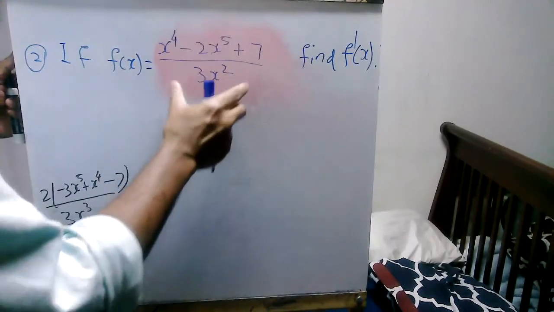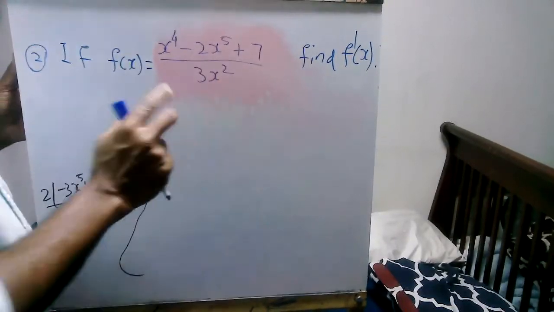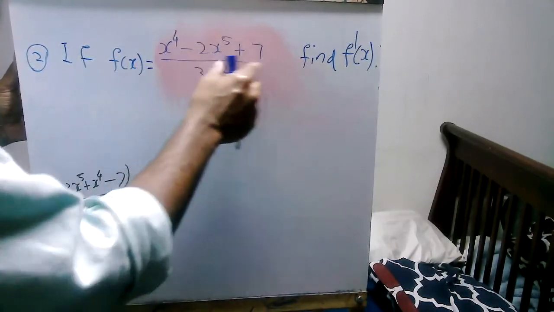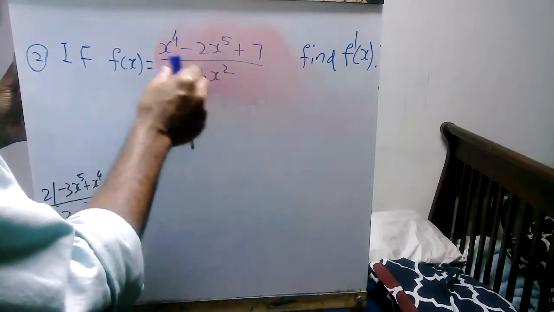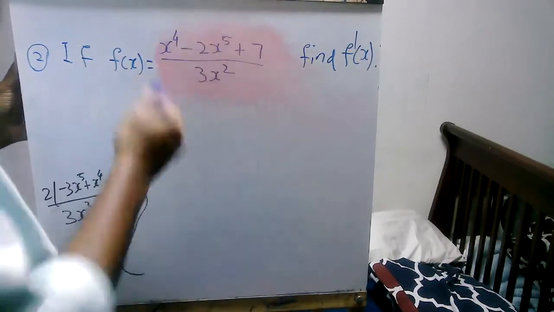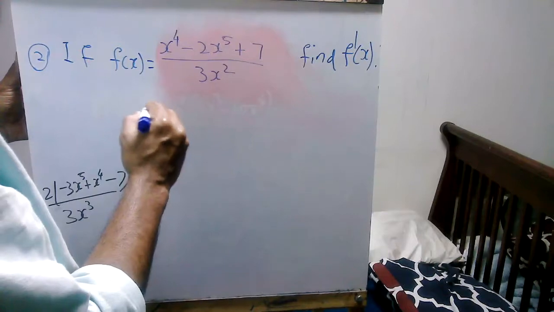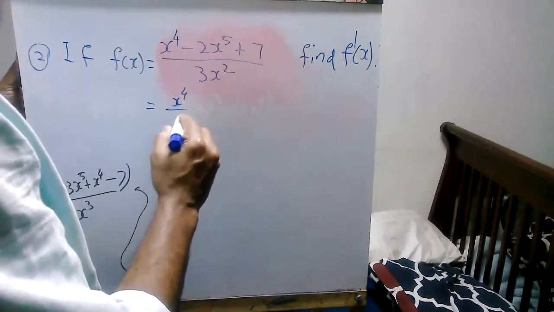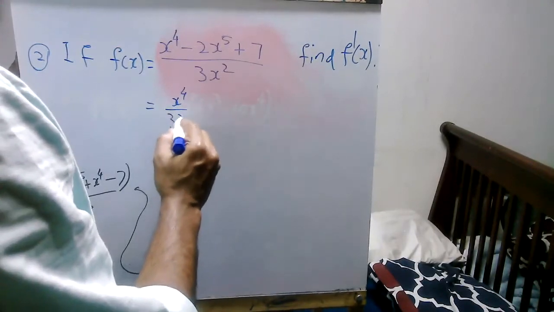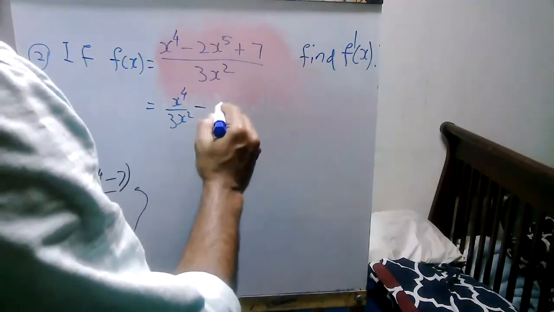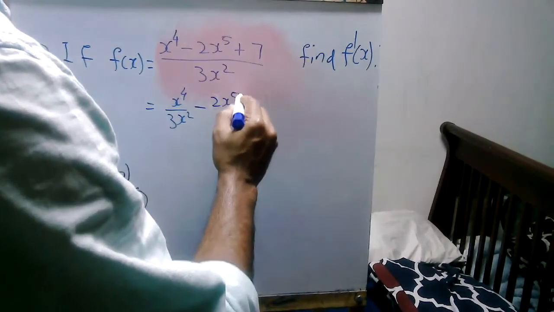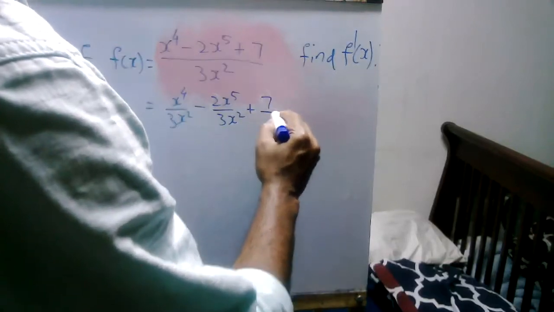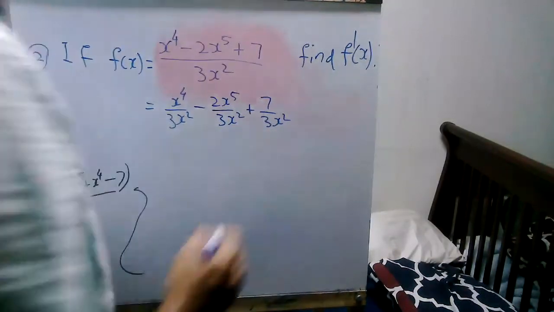Now, looking at this, not always, but in this case we can separate this, means we can distribute this denominator under each numerator. What I mean is this: we can write this as x to the 4 divided by 3x square minus 2x to the 5 divided by 3x square plus 7 over 3x square.